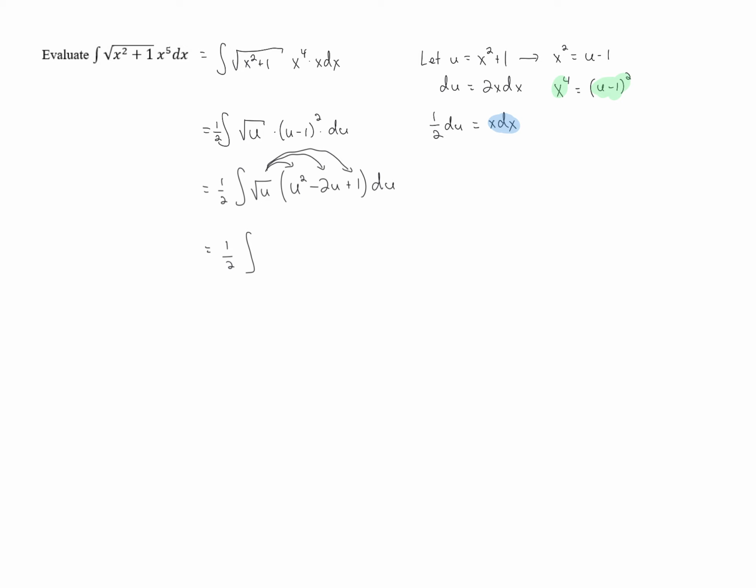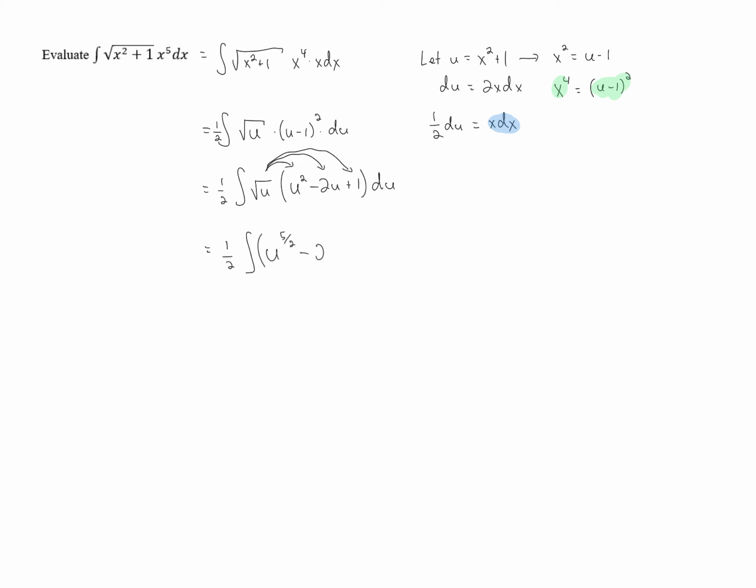So I'm going to keep that 1/2 out front. Now, the square root of u is u to the 1/2, and so when we distribute it into the first term and add the exponents, 1/2 plus 2 is 2.5, and that's the same as 5/2. So this becomes u to the 5/2.